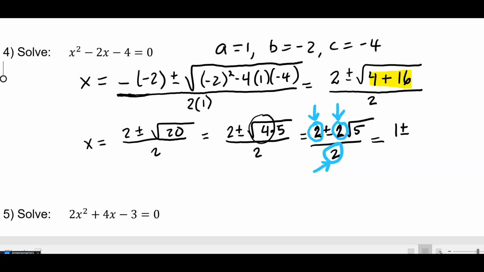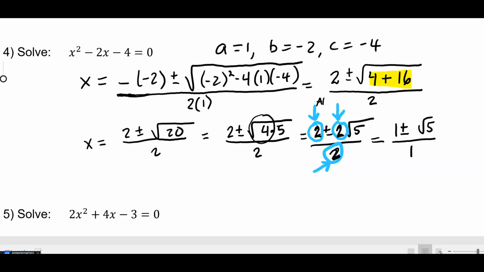Divide this 2 by 2, that will also be 1. Now we don't write that 1 there, all right? So I'm going to erase it, because we don't normally write the 1 there, because it's understood to be 1 times the square root of 5. And then 2 divided by this 2 is also 1. So that's how you simplify when you get to something that looks like this.